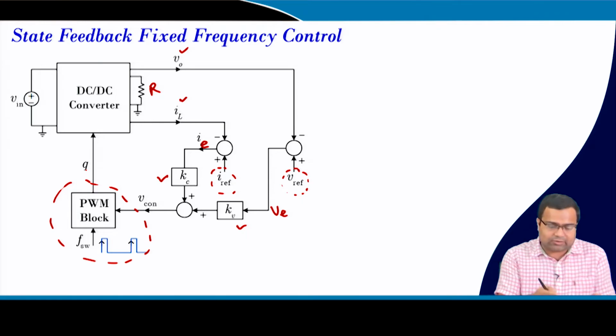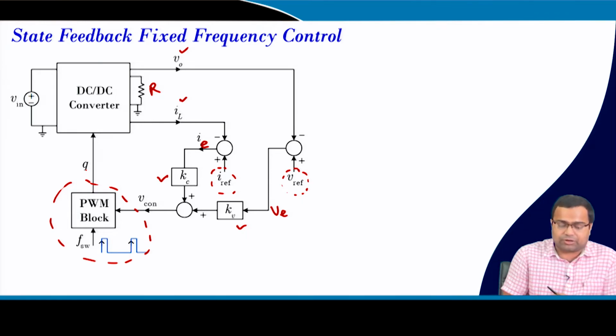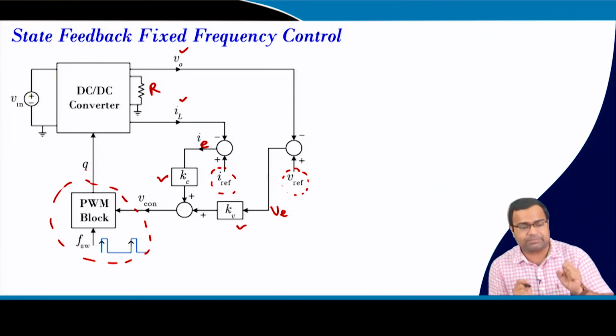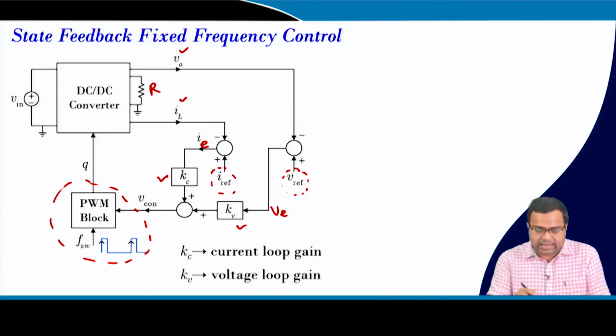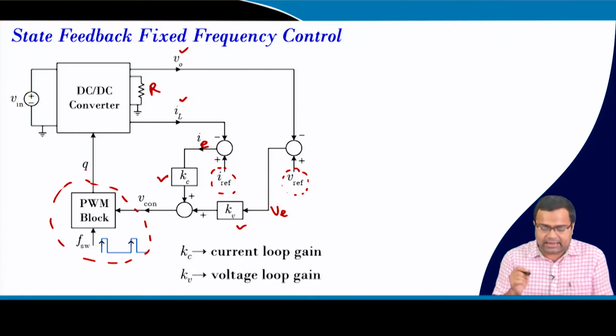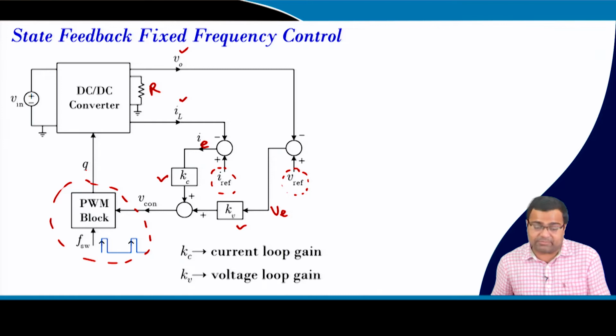So, in this current mode control, what is the structure of the PWM block for state feedback control, as well as the current mode control, I will discuss using a MATLAB Simulink model. Here Kc is the current loop gain and Kv is the voltage loop gain that we have discussed.